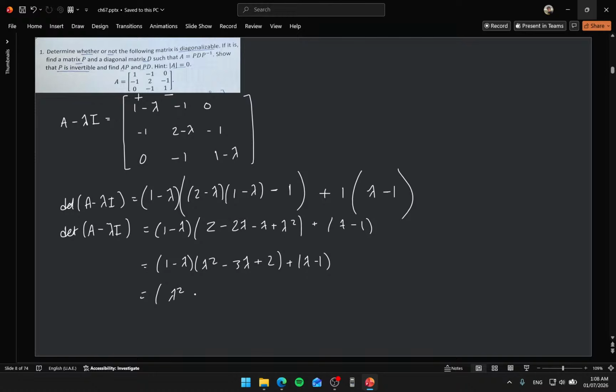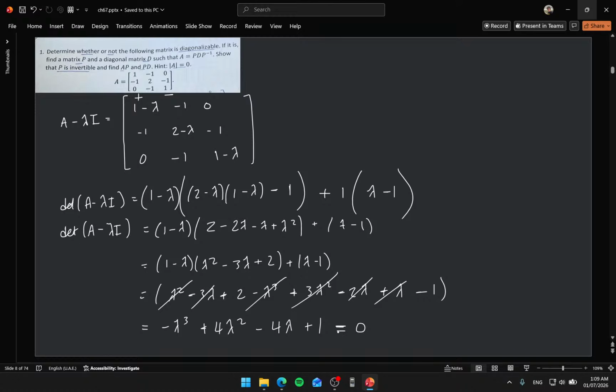Okay, lambda squared minus 3 lambda plus 2 minus lambda cubed plus 3 lambda squared minus 2 lambda, then plus lambda minus 1. Combine like terms, we have negative lambda cubed, lambda squared plus 3 lambda squared, that's 4 lambda squared. Negative 3 minus 2 is negative 5, plus 1, negative 4. So that's gone, plus 1.